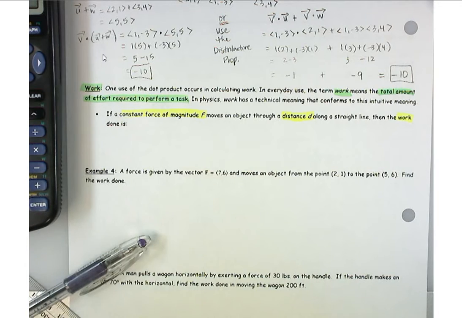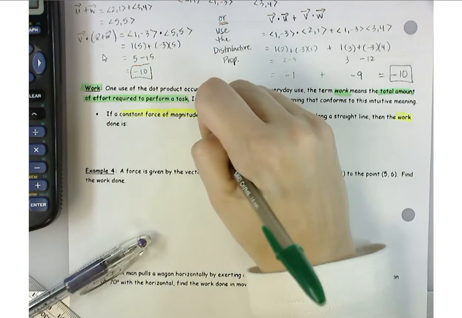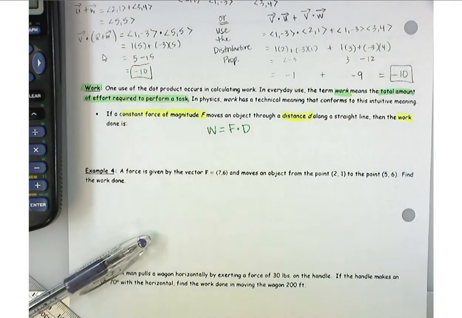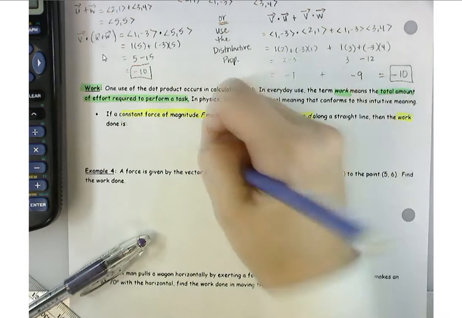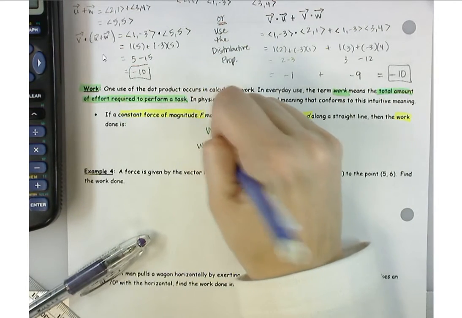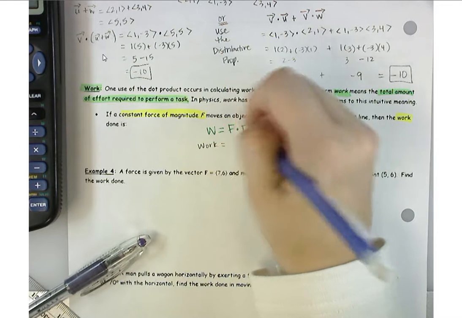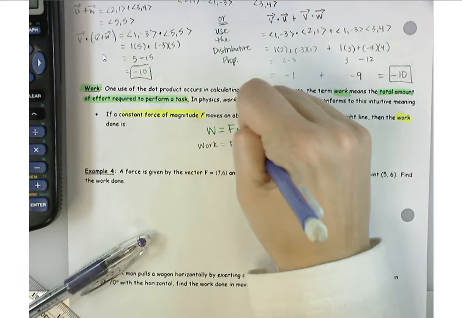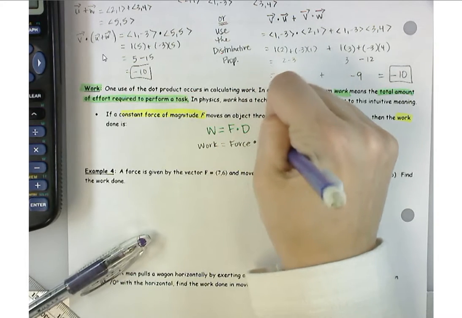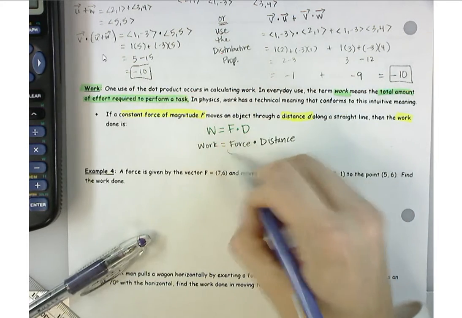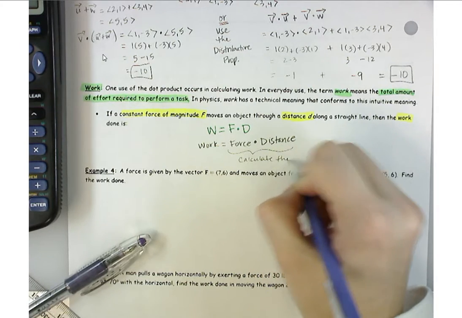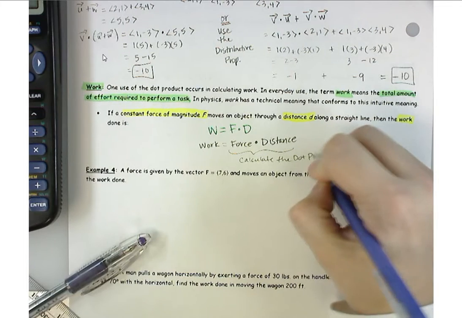Okay, so the work would equal F times D, or the dot product. Okay, so what this means is the work equals the dot product of the force and the distance. Okay, so we calculate the dot product.